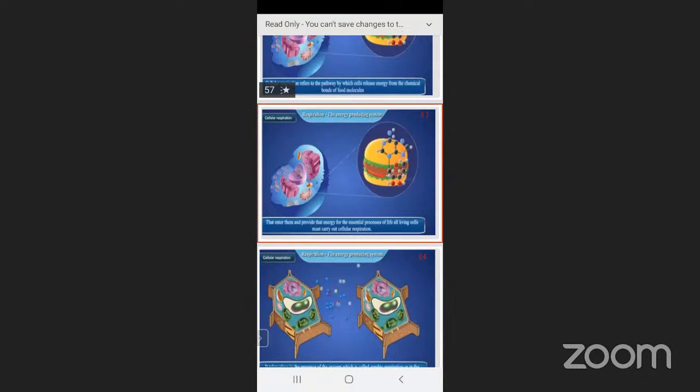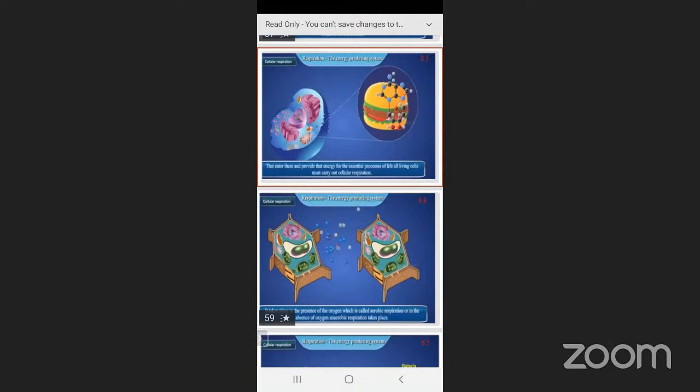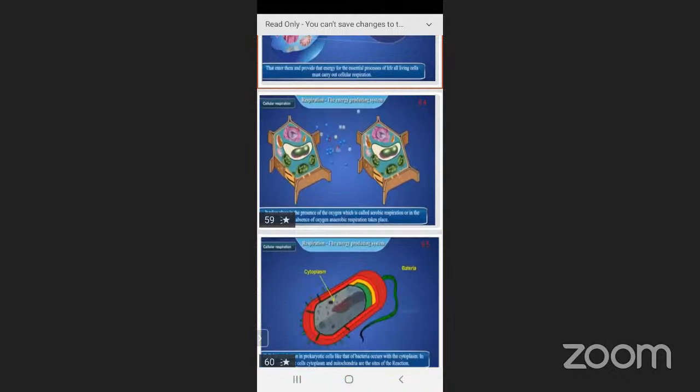As I told you just now, it is essential for the processes of life. All living cells must carry out cellular respiration to release energy and to carry out the different essential life processes.